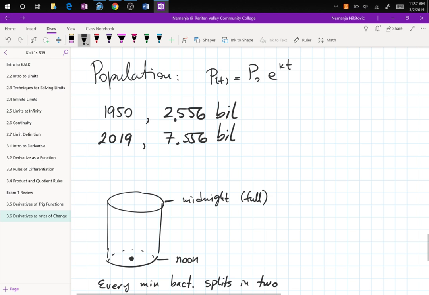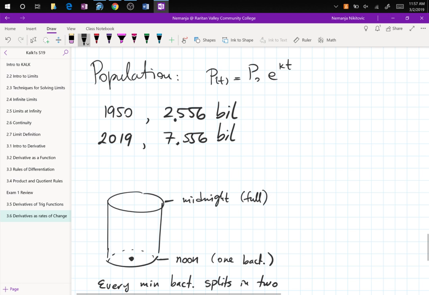So before you went to lunch, you put a single bacteria in this jar, you closed it, and you had a camera recording this. The jar was full at midnight. So noon, 1 bacteria. At midnight, jar is full.